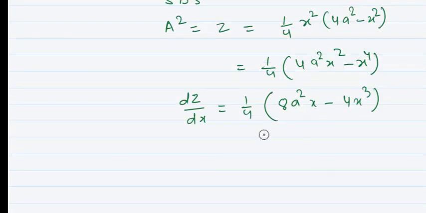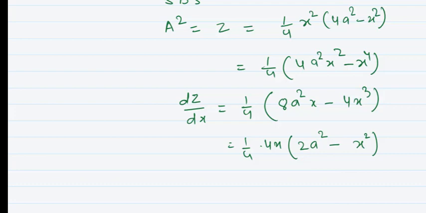Taking x as common, as I told you, simplify it. So taking common 4x, we are left with 2a square minus x square.